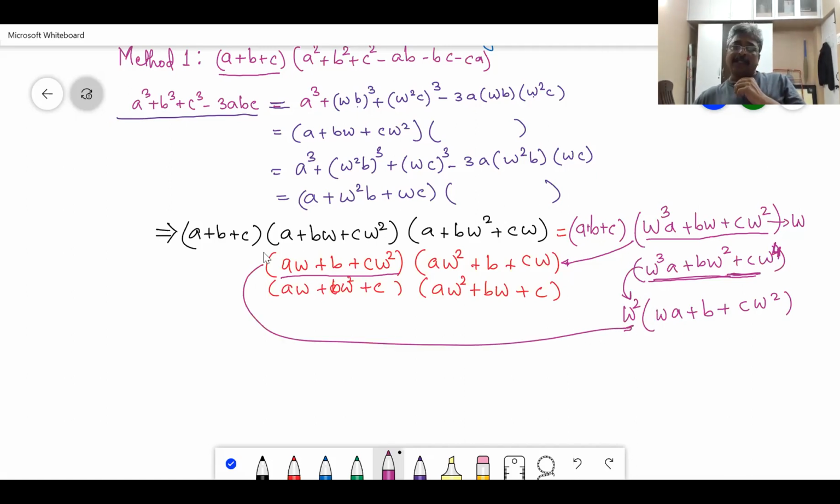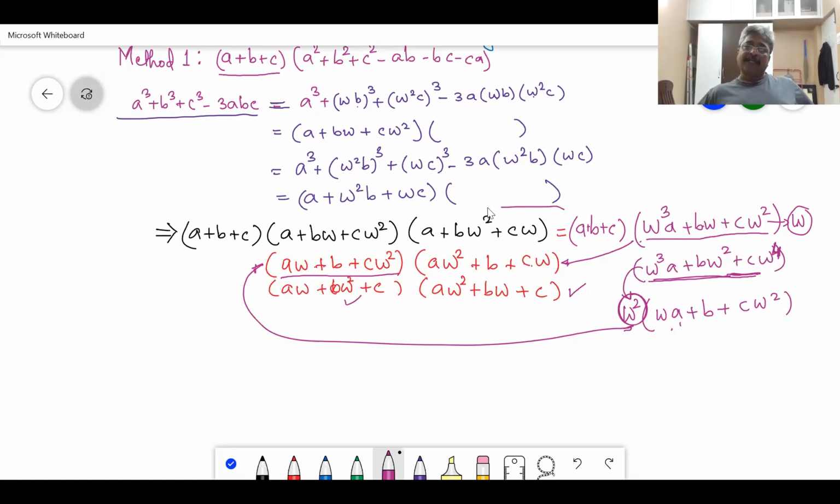So practically they are the same. Take out omega from this, omega square from this, and you get these two factors. And that omega and omega square are not disturbing the factorization, they multiply each other to become 1. And now if you take omega square common from this, then you get this factor, and omega common from this, then you get this factor.